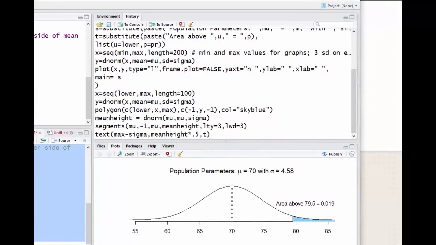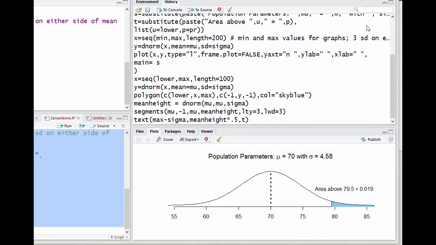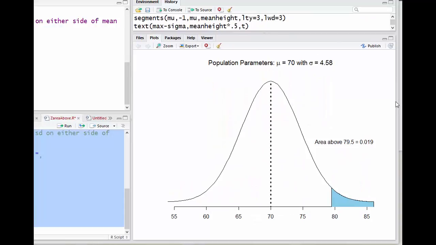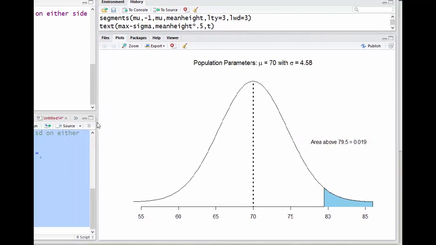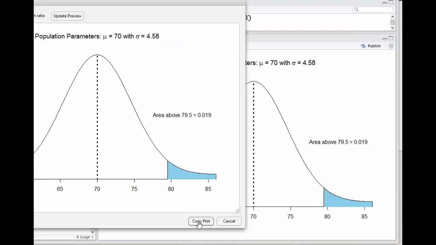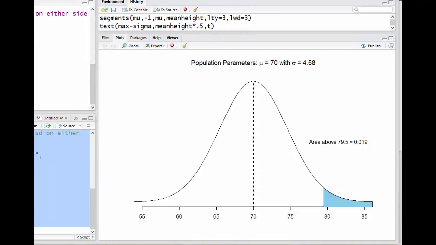That didn't show up until I extended that out a little bit. So to get the area above there, I'm going to just adjust the width and so on of my graph. And then once I have that, I can just export that. And I've got a graph I can put into anything I'm turning in.